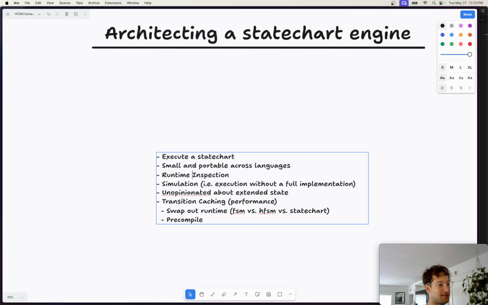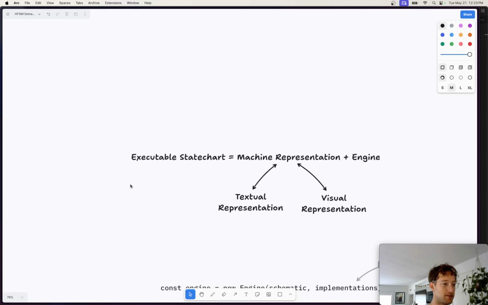I'm trying to look at transition caching as a broader boundary that we can leverage in the future. So in my head, these are the core things that we want to enable with the state chart engine. And yeah, let's dive into the details.